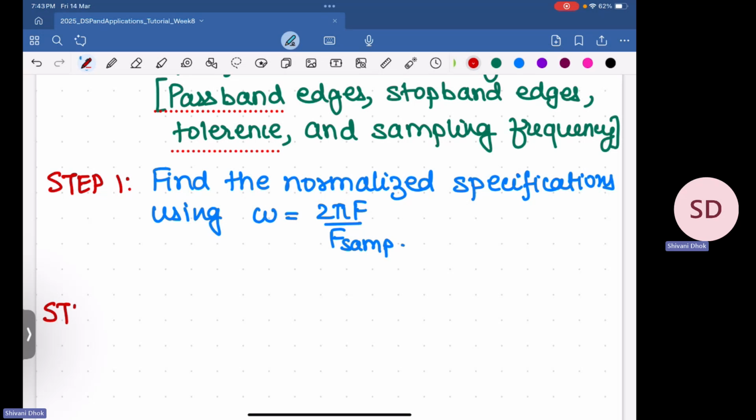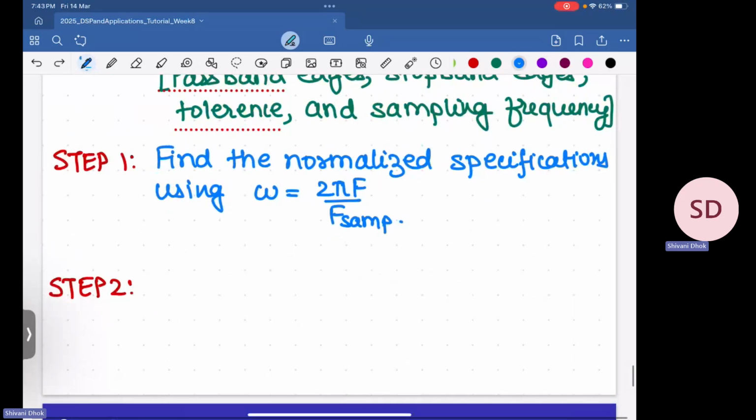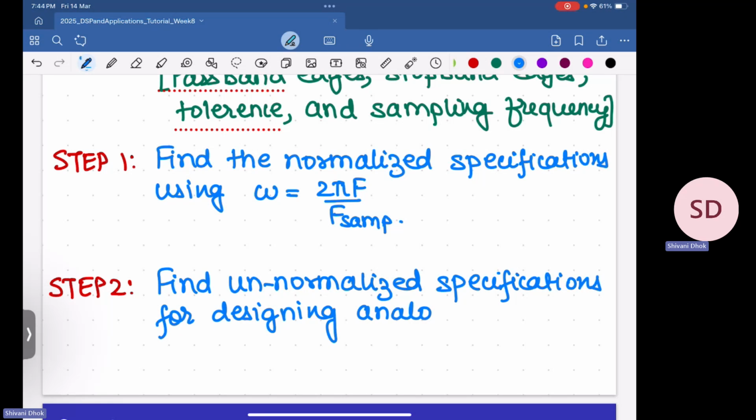So next thing is step 2. Step 2 is to find the unnormalized or non-normalized specifications for designing the analog low pass analog filter.